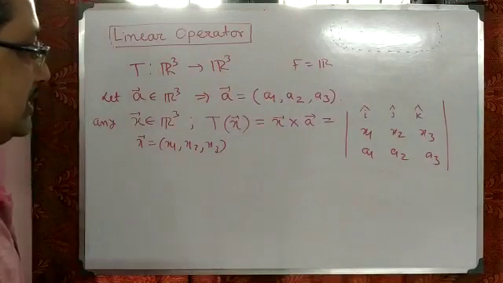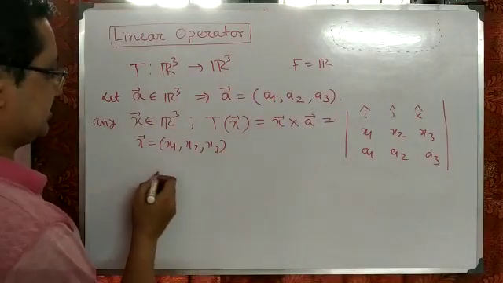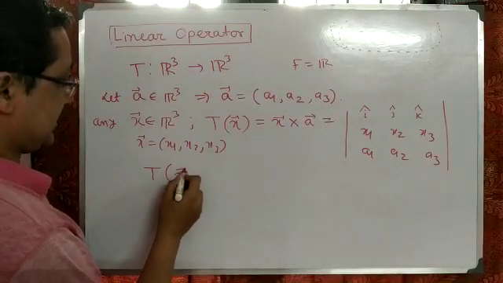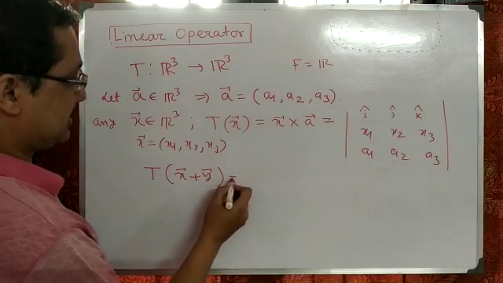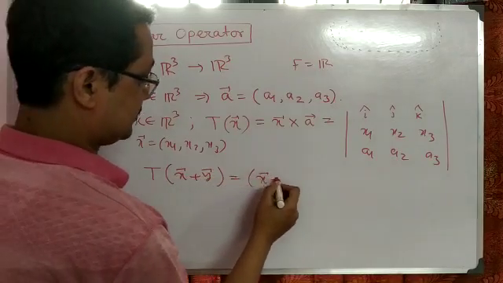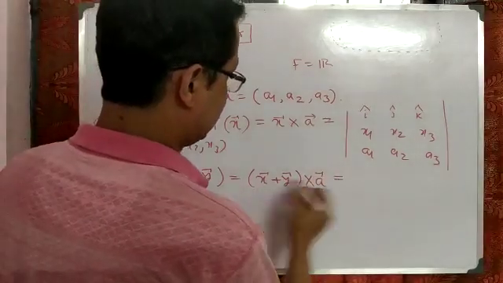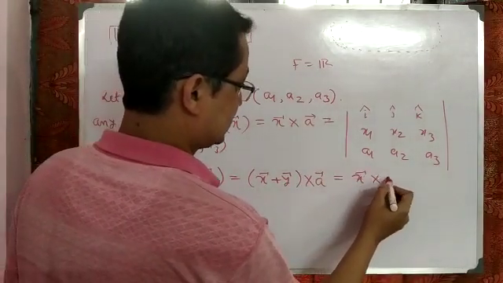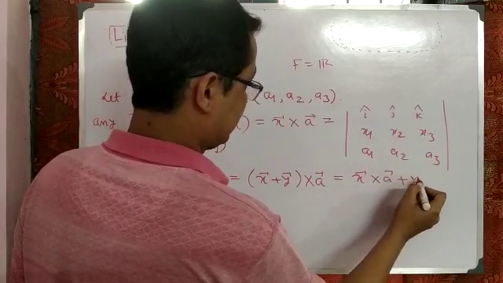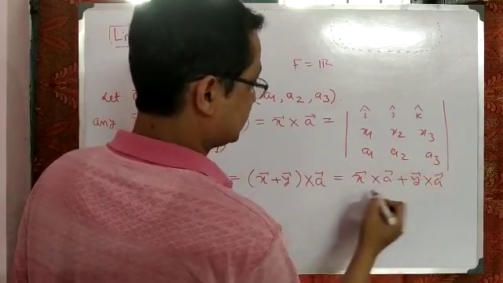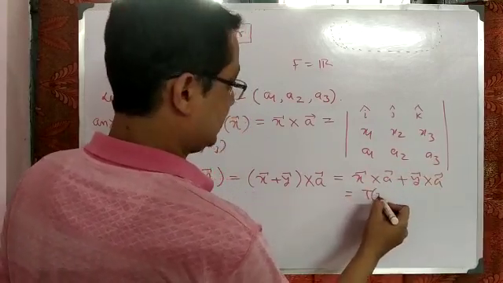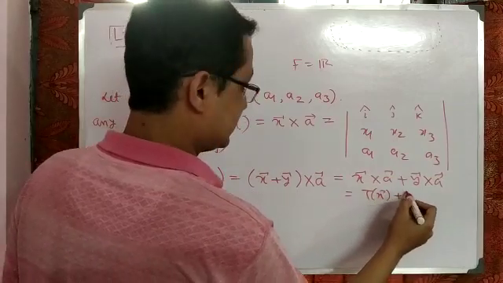It is very obvious it is a linear transformation, because if you choose any x and y, then T of x plus y is x plus y cross a, which is x cross a plus y cross a. So it is equal to T of x plus T of y.